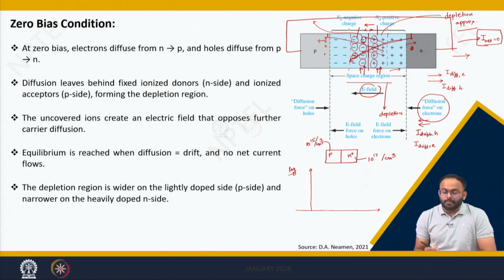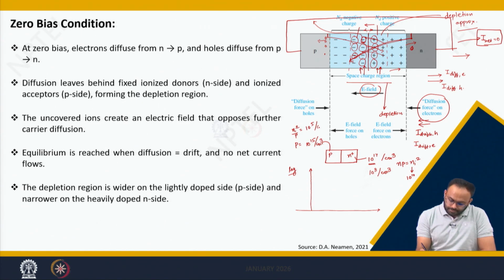Why? Because we have discussed already that in a semiconductor, the product of electron and hole concentration is nothing but ni square, where the order of ni is approximately 10 to the power of 10. It means if there are 10 to the power of 17 electrons in the N plus side, then 10 to the power of 3 per centimeter cube holes will exist. Similarly, if the holes at the P side are 10 to the power of 15 per centimeter cube, then ni square by p will give you the electron concentration.